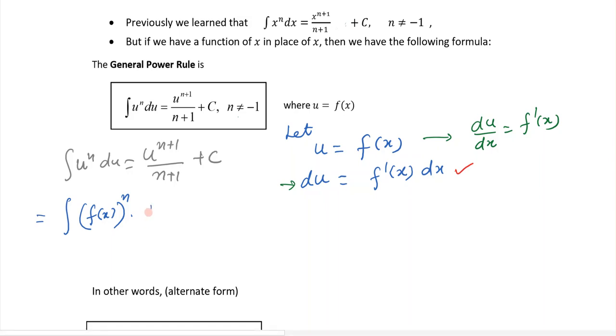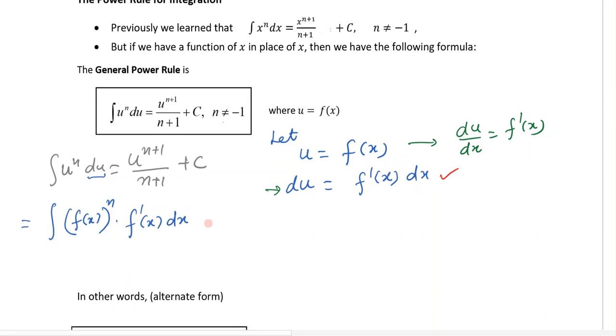So let's plug in that value: f prime x dx in place of du. Then our formula should be equal to f(x) raised to power n plus 1, divided by n plus 1, plus c. So simply increase the power of the function by 1 and divide by n plus 1, plus c.